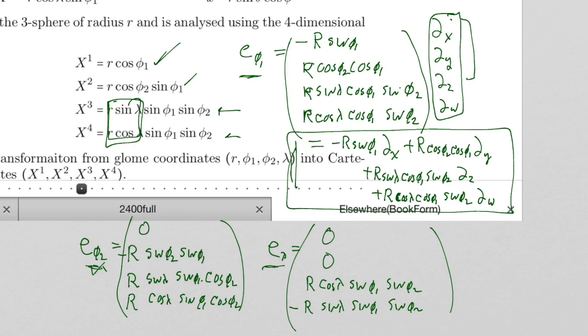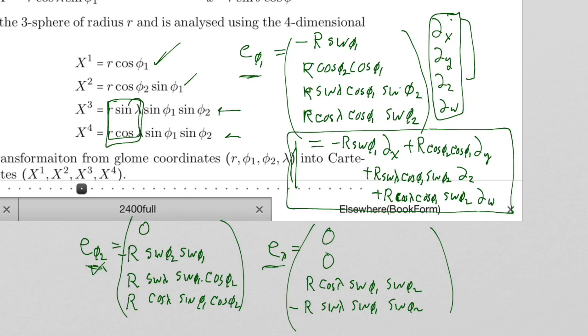Now that's a little bit annoying because I get outside of my coordinate basis system. I'm no longer in the XYZW coordinate basis system. On the other hand, if I actually lived inside the sphere, if I lived inside the glome, my coordinate system is phi 1, phi 2, and lambda.